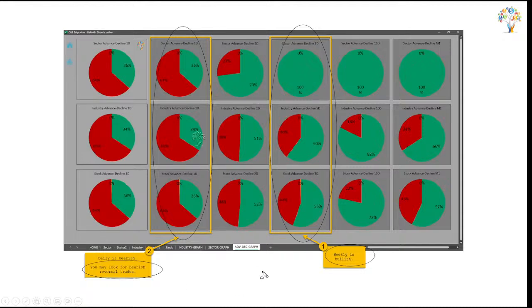By the way, both of these breadth charts are live systems. This one is for the USA market. So USA market weekly is bullish, daily is bearish. You may look for reversal trades. Or this may be India.